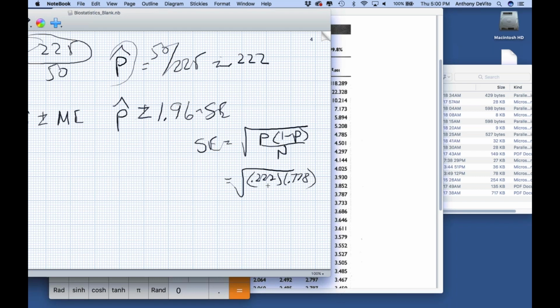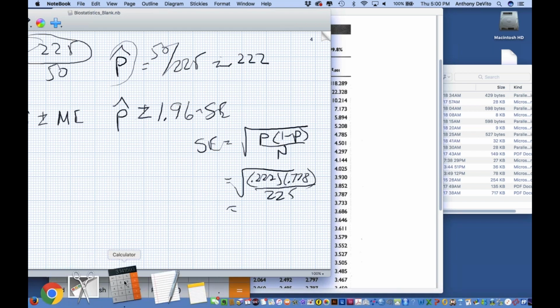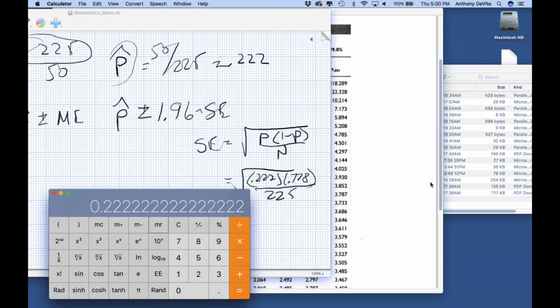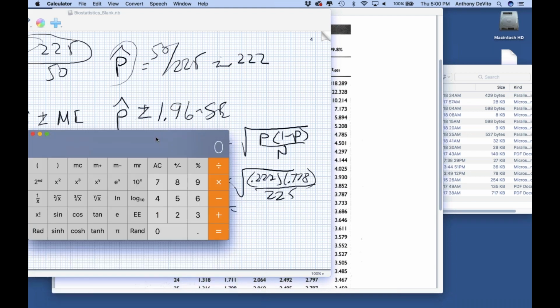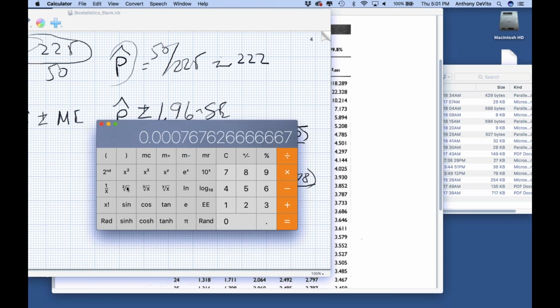Over the sample size, which is 225. Okay, so let's work that out. Let's clear all this stuff out. We've got 0.222, p, times 1 minus p, which is 0.778, equals this, divided by the sample size, 225. And now I'm going to take the square root of that whole thing. And it comes out to be 0.0277.